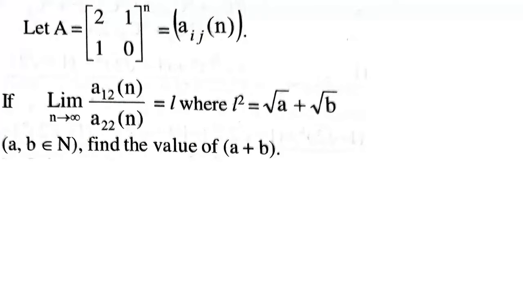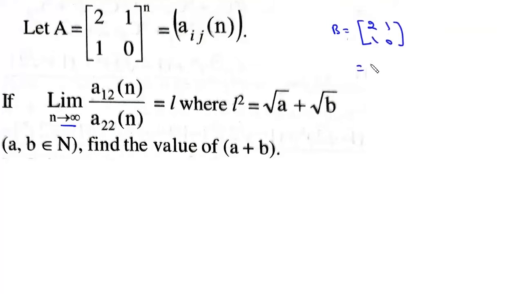Now the question is, let A is nth power of this matrix [2, 1; 1, 0]. And we need to find this limit n tends to infinite A(1,2) upon A(2,2). Now let this matrix be B, and which is [2, 1; 1, 0].